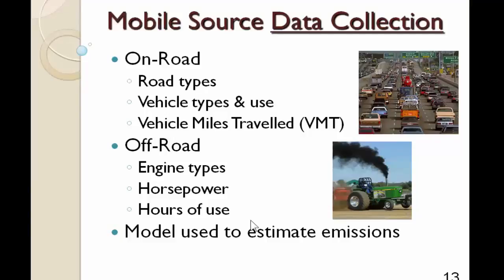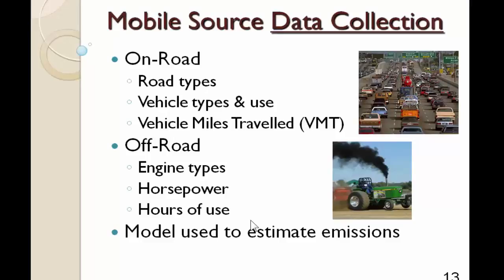For off-road mobile sources, there are calculators in TEISS for some types of off-road sources. Obviously, the type of engine is critical. If it's a two-stroke lawnmower or some big giant diesel engine of a bulldozer, the horsepower is critical because that relates directly to how much of the fuel is burned.